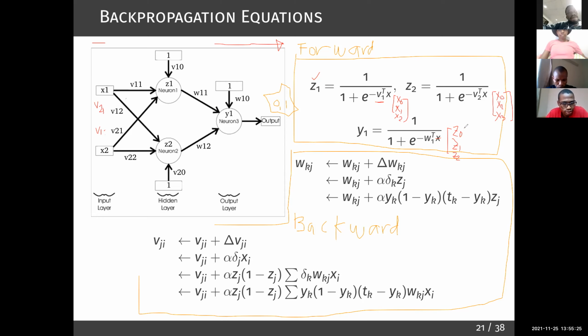Z0 is multiplied by w10, z1 by w11, and z2 by w12.